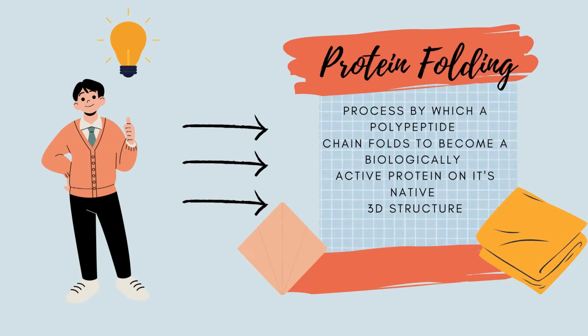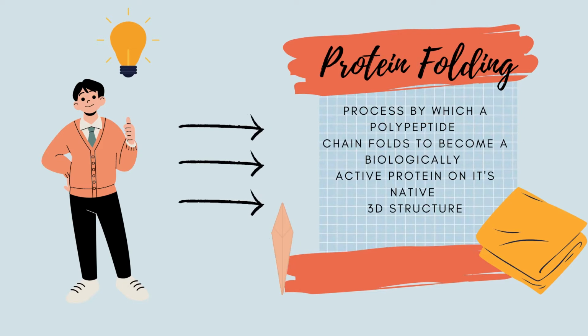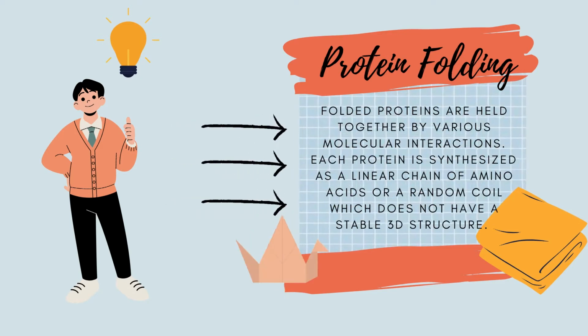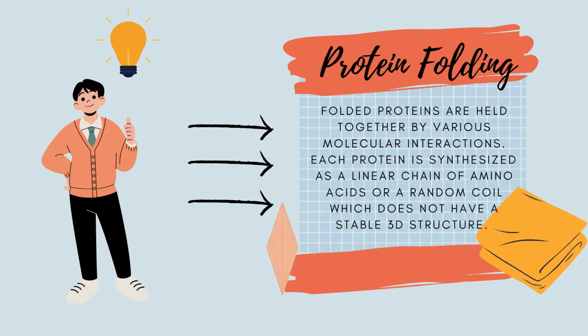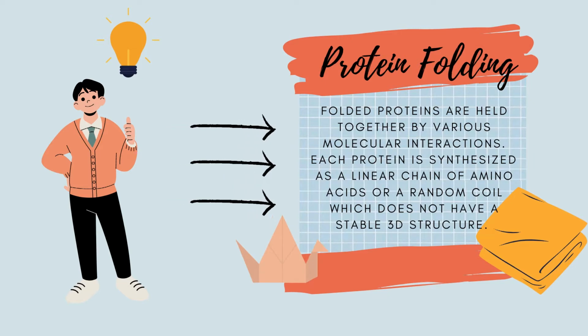Protein folding is the process by which a polypeptide chain folds to become a biologically active protein in its native 3D structure. Folded proteins are held together by various molecular interactions. Each protein is synthesized as a linear chain of amino acids, or a random coil, which does not have a stable 3D structure.